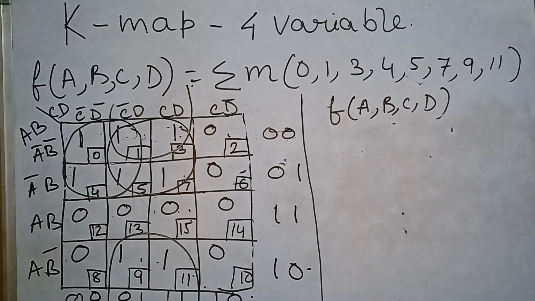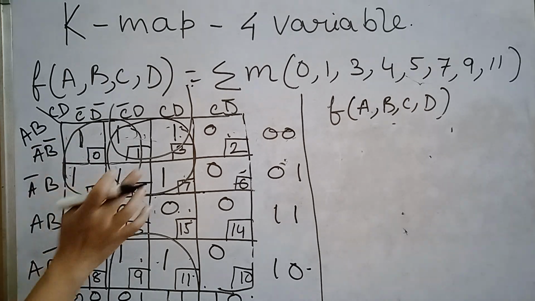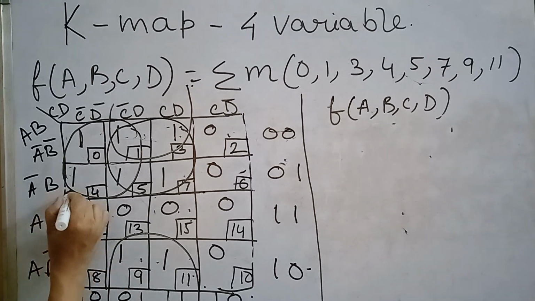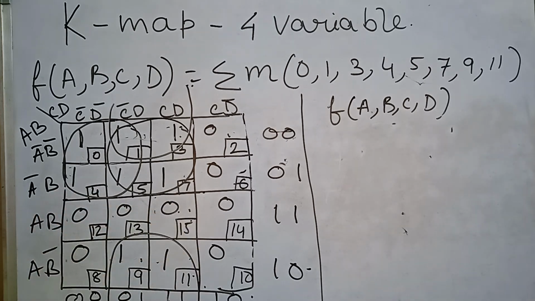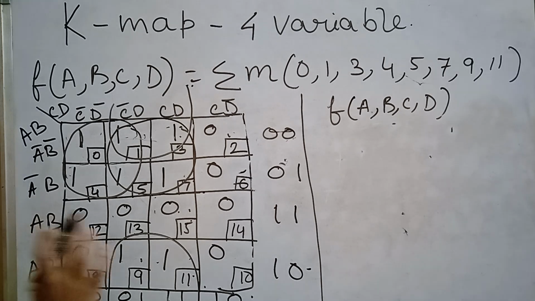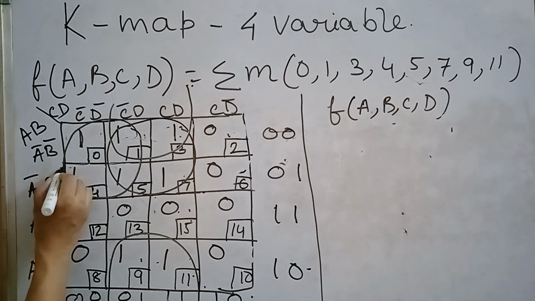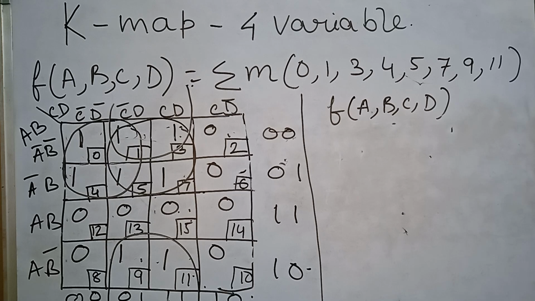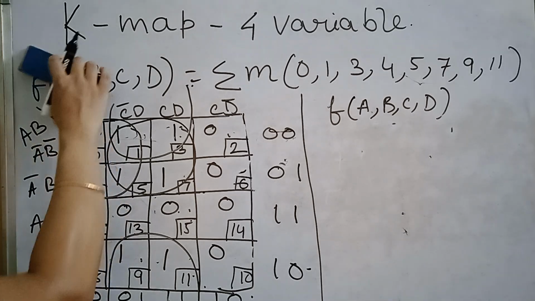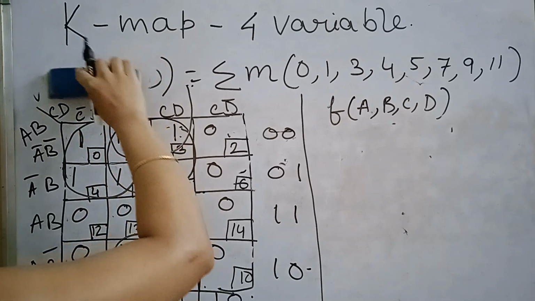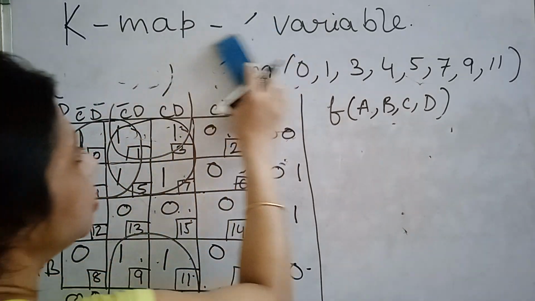Now the next step is to find the expression for each group. How many groups are there? 1, 2, 3. There are 3 groups, so we will find the expression for each of the 3 groups. I hope this is written by all of you.